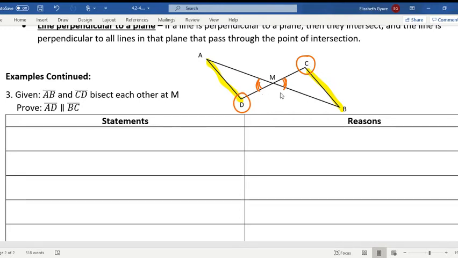Now, to prove those are congruent, what do you think we're going to have to show about the two triangles? Any ideas? What do we have to say about the two triangles first before I can say that their angles are congruent? Logan? The triangles themselves are congruent. Once the triangles themselves are congruent, will all their corresponding parts be congruent?